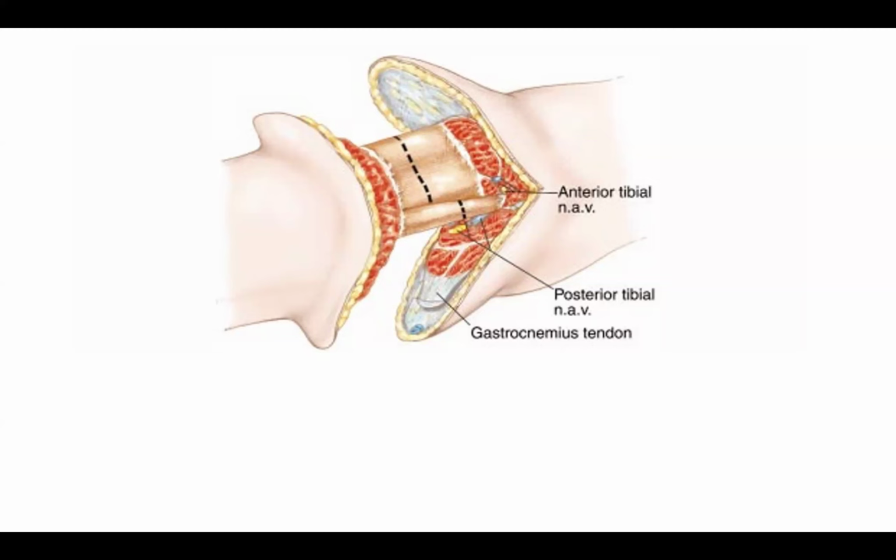The tibio-peroneal trunk, as the name says, has a tibial component and a peroneal component. So the tibio-peroneal trunk divides into the peroneal artery and the posterior tibial artery.